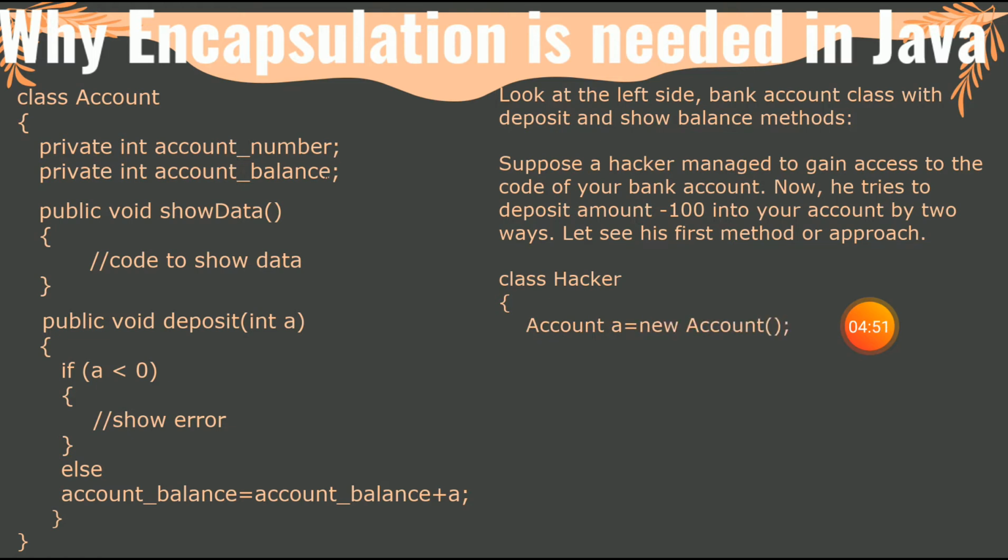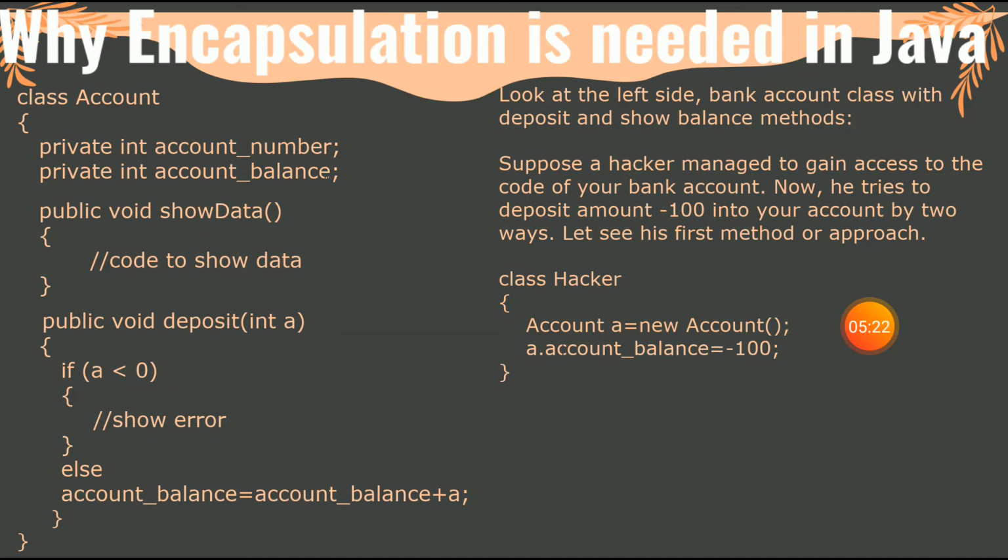Then he will call the class I have created, class Account, and create an object of that class, a, assigning new Account. Then he is going to assign the amount, minus 100, into my account. So a dot account balance, that is the variable declared over here, and minus 100.